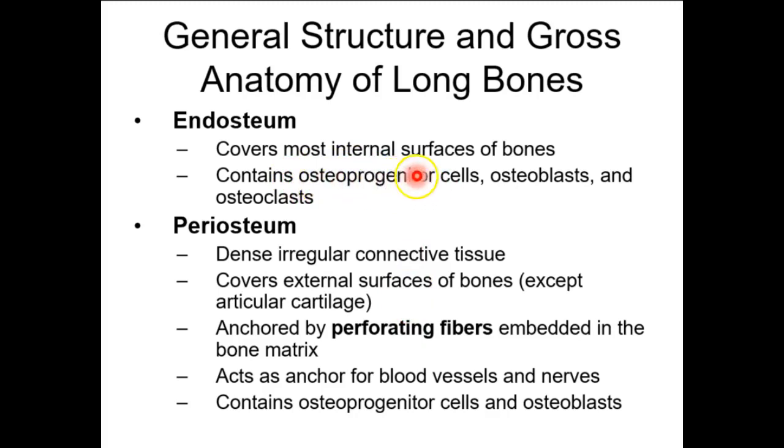That's going to be a sort of stem cell. That word progenitor, what does it mean? Like parent. Parent, absolutely. So my mom and dad, those are my progenitors. So an osteoprogenitor cell is going to be a stem cell for bone. It's going to develop into a bone cell, such as an osteoblast or osteoclast.